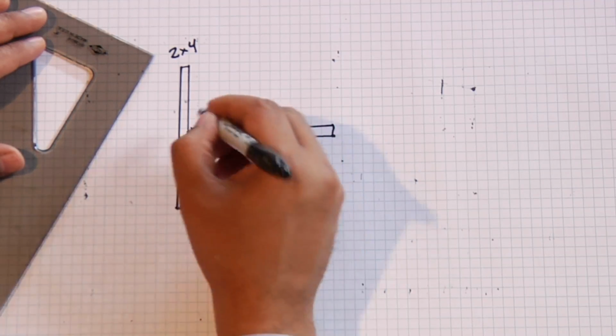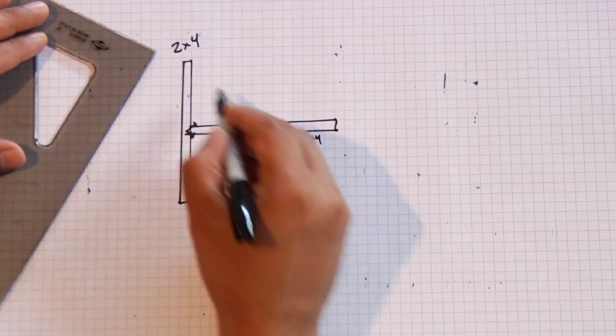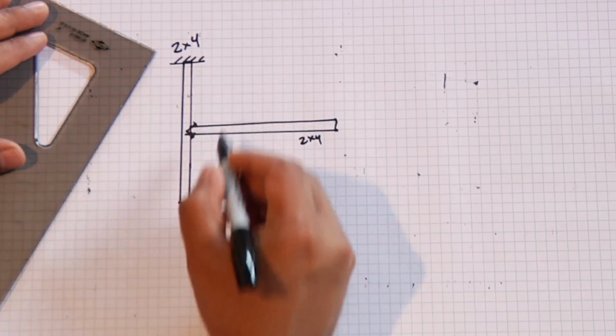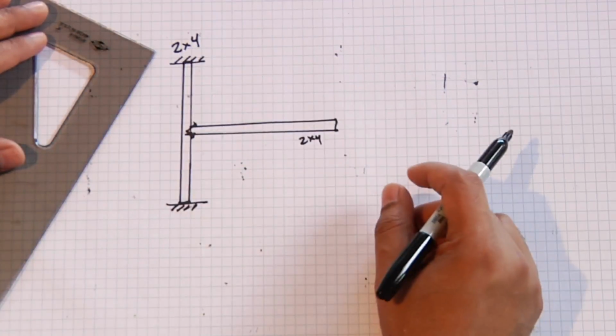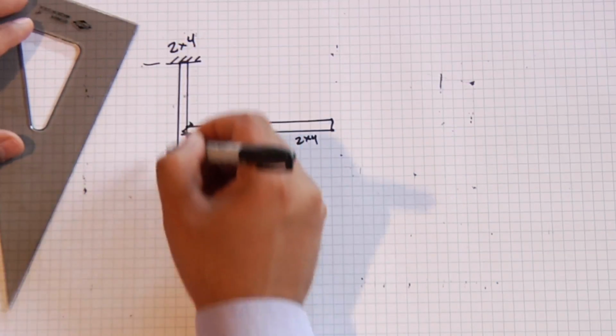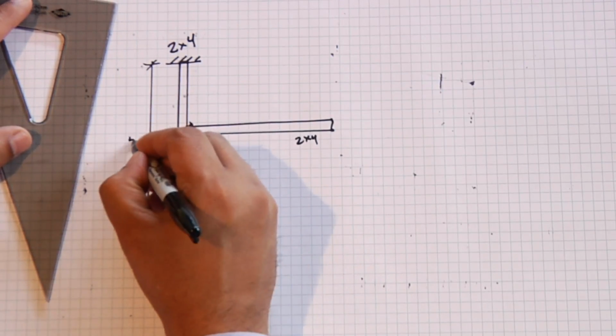I'm going to nail these two together. This is what's commonly referred to as a toenail connection. So this is a 2x4 and this is a 2x4. We'll anchor this vertical 2x4, and you could do this by having two people hold it. And we'll put a distance on there for right now. We'll say that this is 5 feet.